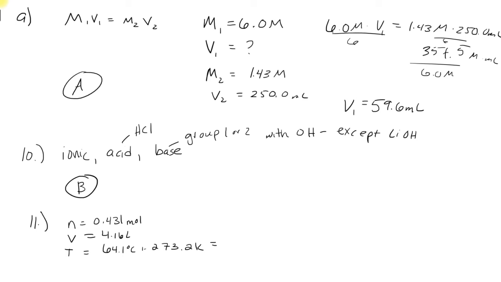So our temperature is 337.3. Okay. And the question wants us to find pressure. So when I look at my equations, I find the ideal gas law. The only thing I don't have already written down is pressure, which I'm trying to find, and R. R is one of the constants that's provided.